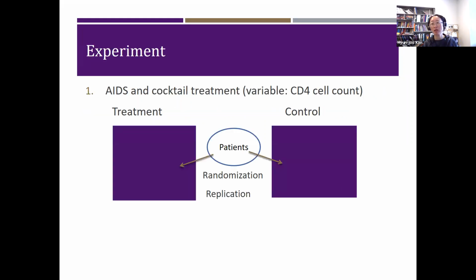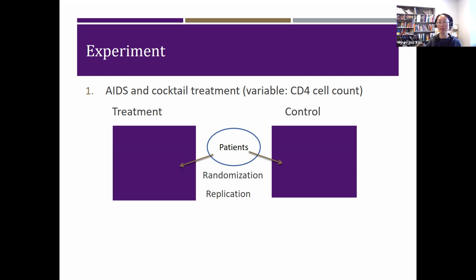First, the experiment, and while we're talking about experiment, there are a couple of interesting words that will take place as well. So for example, let's think about AIDS and cocktail treatments. We all know the AIDS disease, and one of the first treatments of AIDS, kind of old, is actually cocktail treatment.